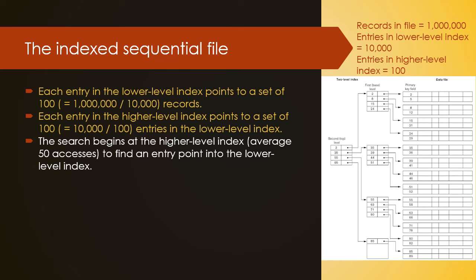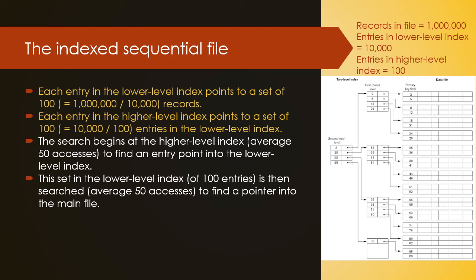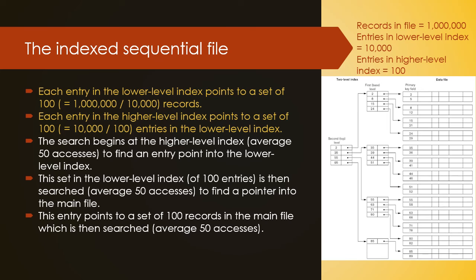The search begins at the higher level index, and using an average of 50 accesses, we find an entry point into the lower level index. This set in the lower level index of 100 entries is then searched using an average of 50 accesses to find a pointer into the main file.